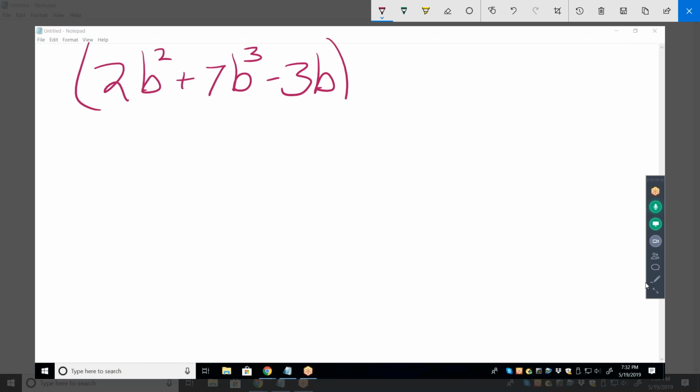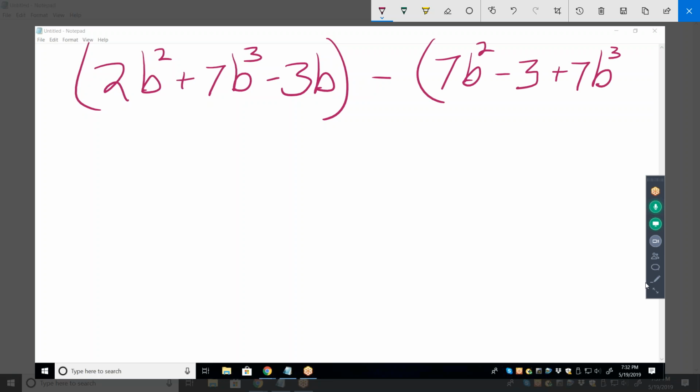Alright, so parentheses 2b squared plus 7b cubed minus 3b, all in the same parentheses. And then minus parentheses 7b squared minus 3 plus 7b cubed.